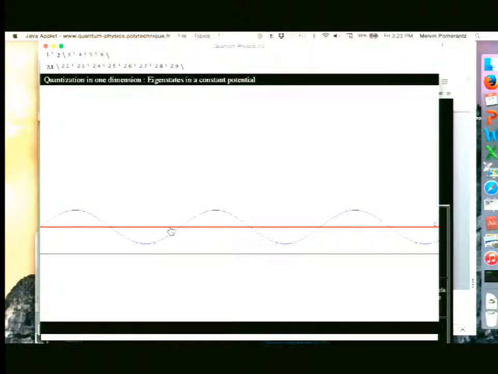Now mv is the momentum, so if I multiply this by m on the top and m on the bottom, I haven't changed anything, but mv squared is p squared, and I have 2m over here, and p is given by h over lambda, so I get h squared over 2m lambda squared.